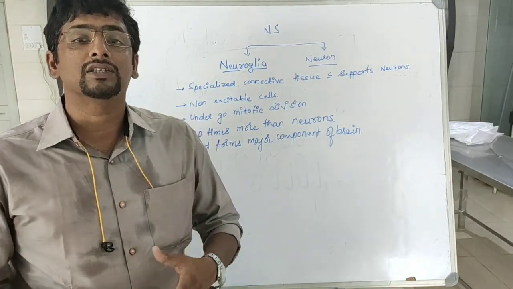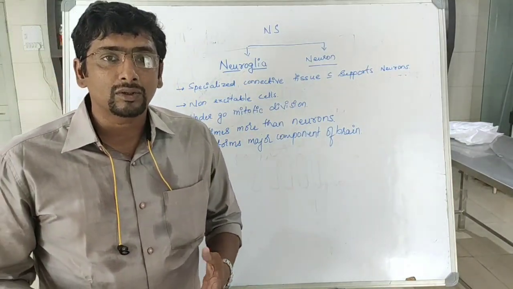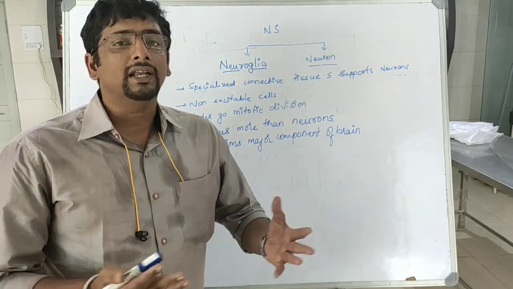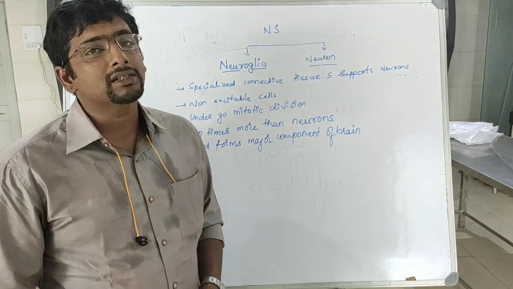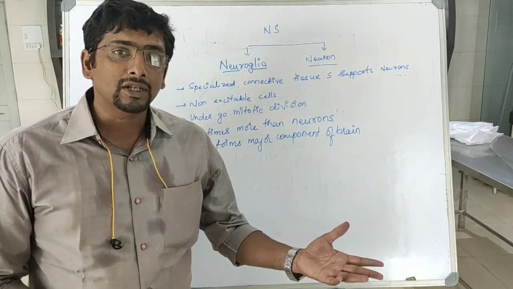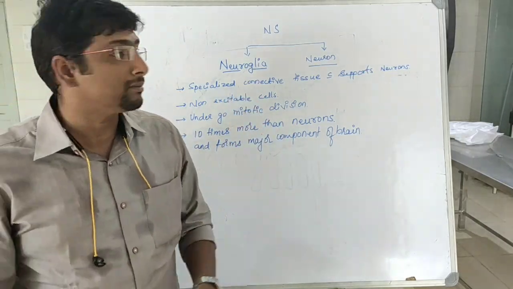Neuroglia cells do not have the capacity to generate impulses by themselves, and they do not carry impulses from one place to another. Those are the functions of neurons. That's why neurons are excitable cells and neuroglia are non-excitable cells.